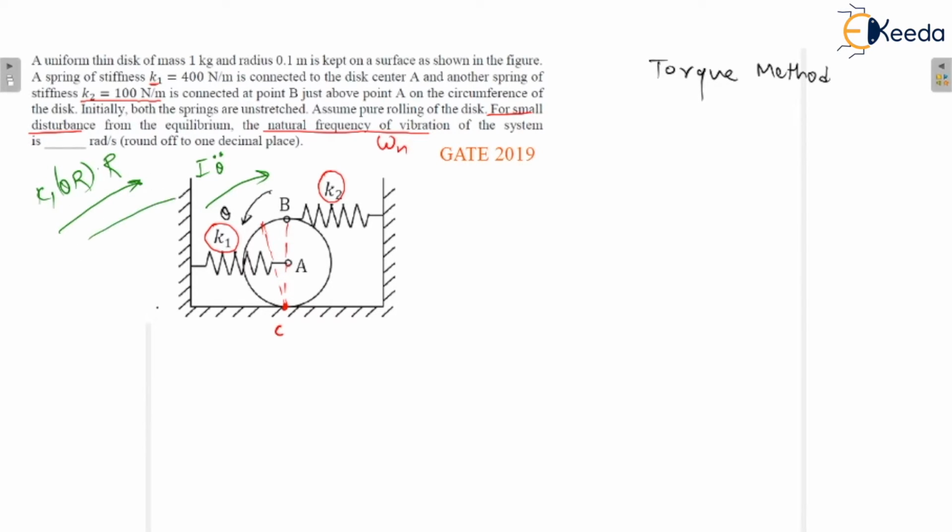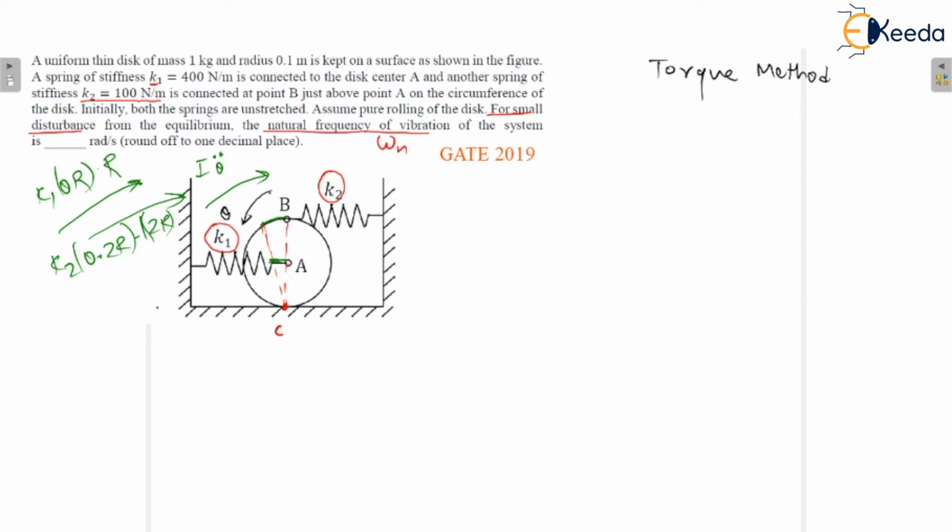And for the second spring, this force will be in that direction, so the torque because of the second spring comes out to be K2 theta into 2r. This is 2r, the arc covered by the spring, and the torque is the force multiplied by 2r.